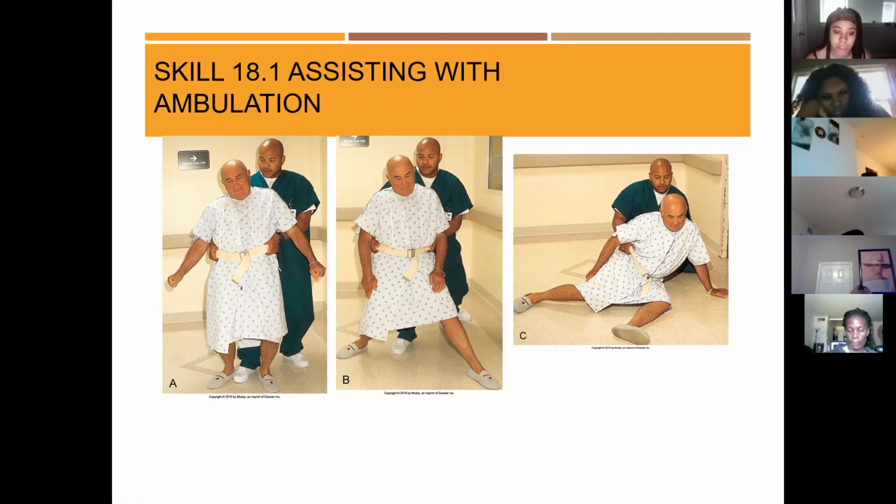Old folks, check to make sure they didn't break a hip, make sure no arms or wrists, no skin breaks, things like that. You want to make sure there's no injuries on the patient. And then you want to assist them to the bed or up into the wheelchair, or whatever you have close to you, to get them up off the floor. Call for help if you need it.